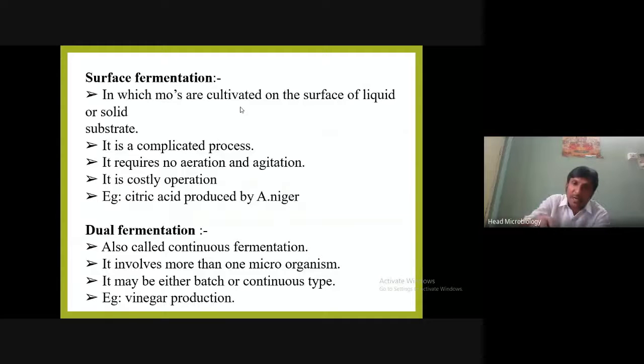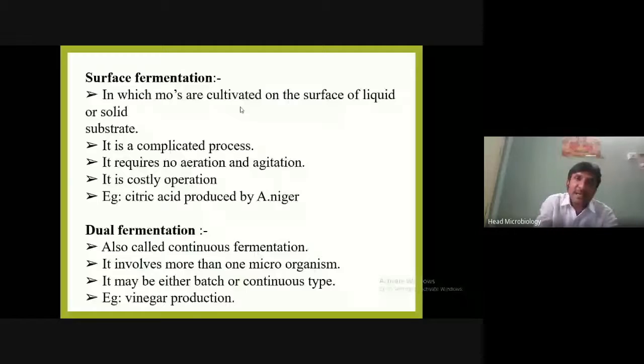Multiple microorganisms fermented in the same batch is called dual fermentation, in either batch or continuous type. The best example is vinegar production.